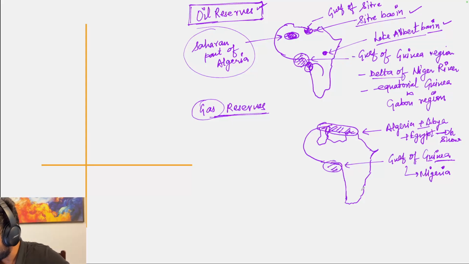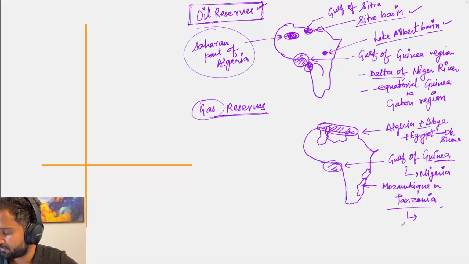Then come to the eastern part of the continent. Over here, if you remember, Mozambique started here and Tanzania was here. So these two countries, Mozambique and Tanzania, they have again significant reserves of gas.